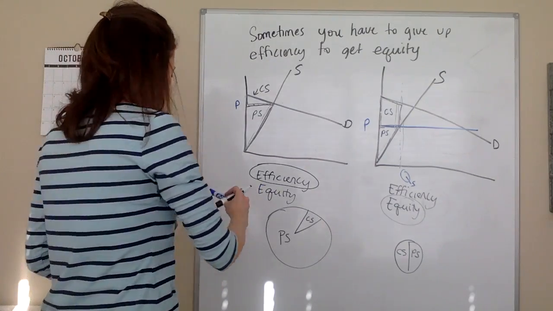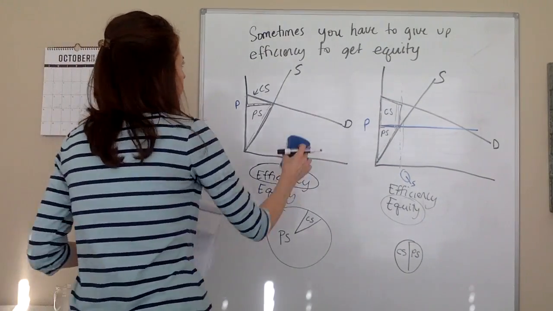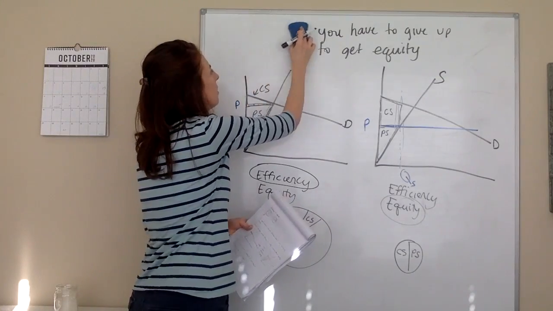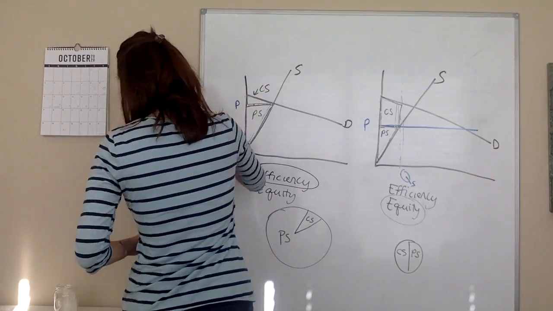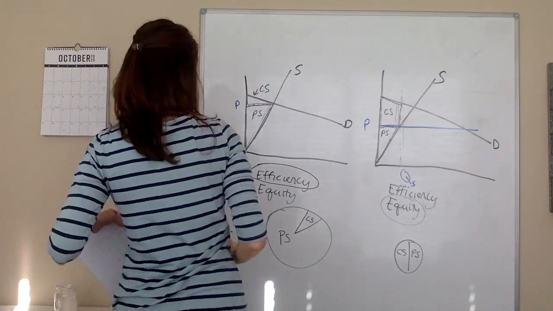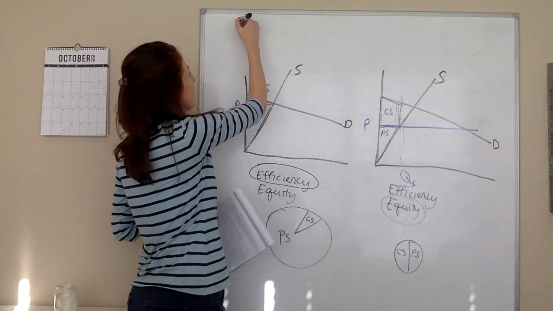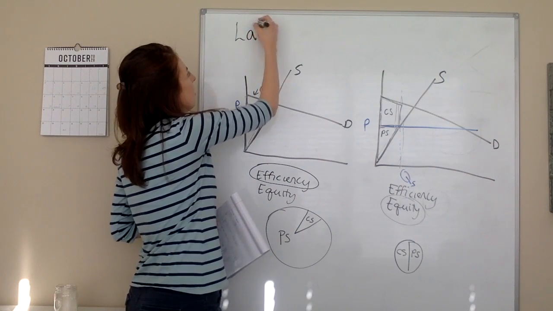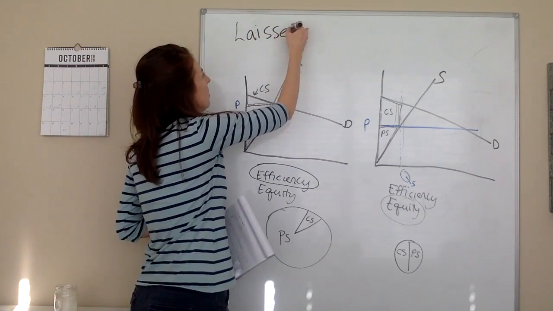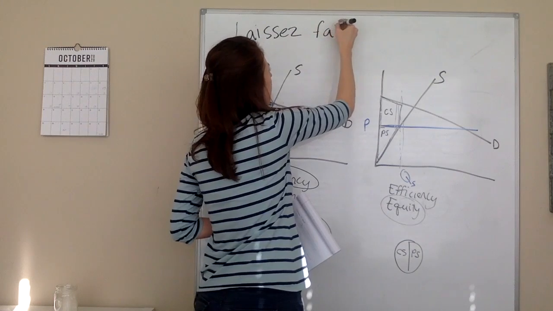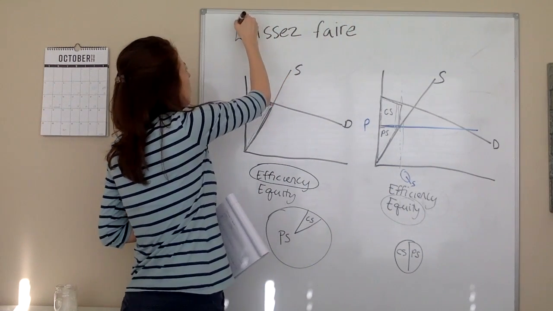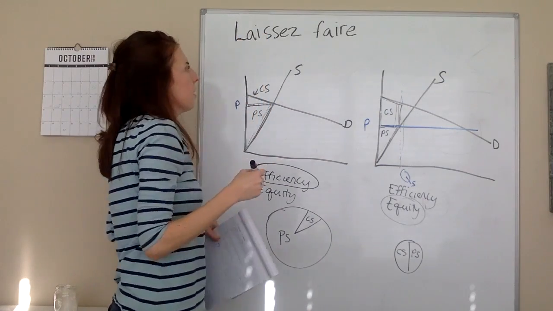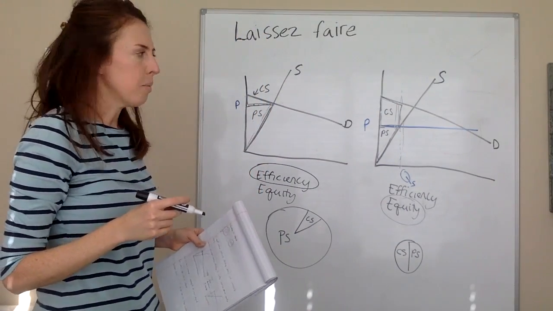Okay, so one important term that gets thrown out a lot that you should just be aware of, because you'll probably hear it in policy debates, is, I wrote it on my wall, laissez-faire. A lot of times you'll hear people say, I am in favor of laissez-faire economics.